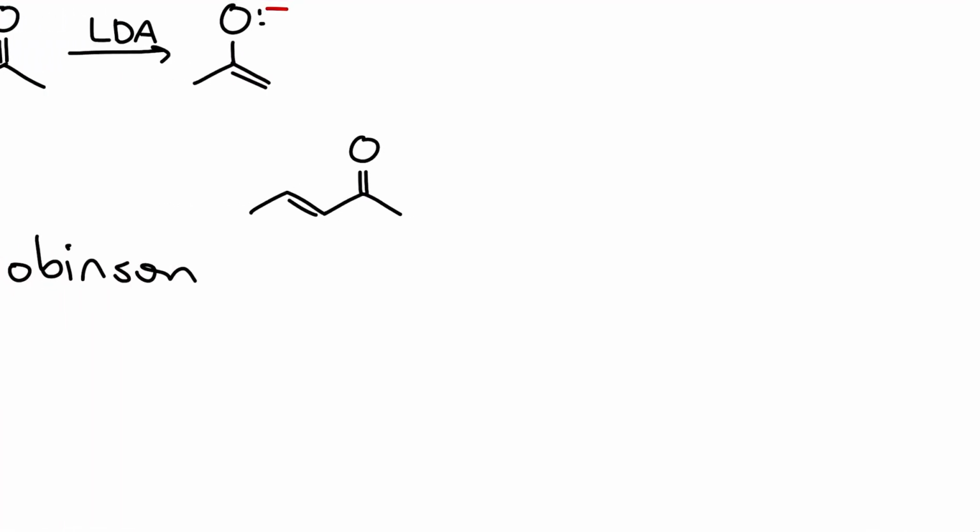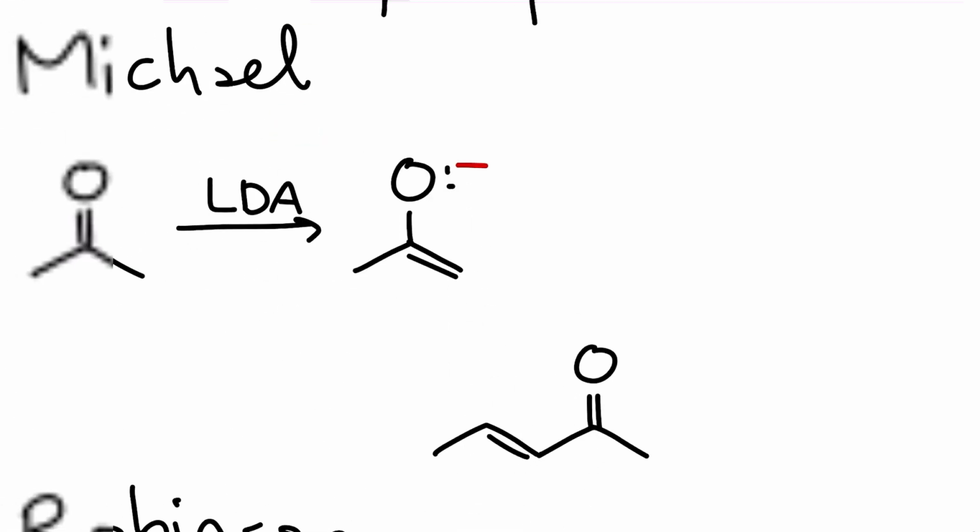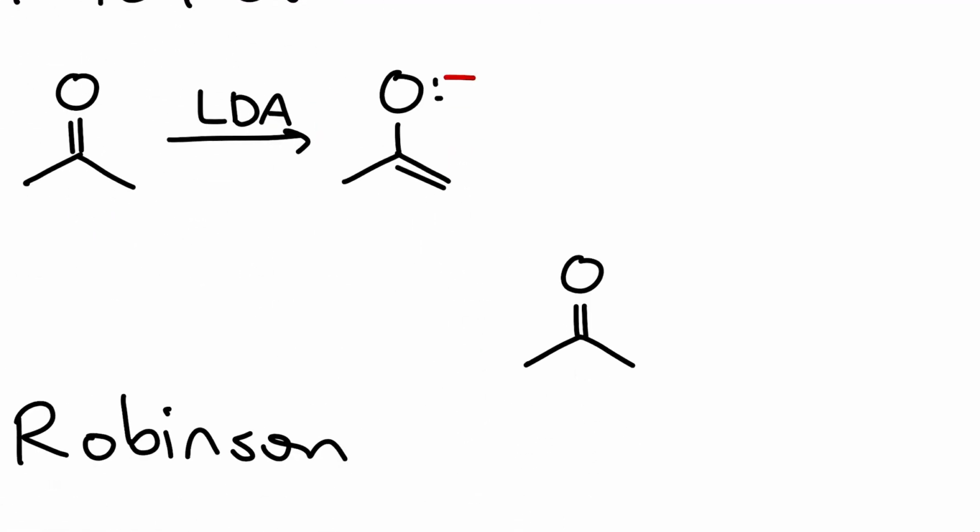The thing that you need to know here is this carbon that I marked in red is electrophilic. It is really electrophilic, and it's going to be so susceptible to attack by enolate chemistry. So an enolate will love to attack here so much.